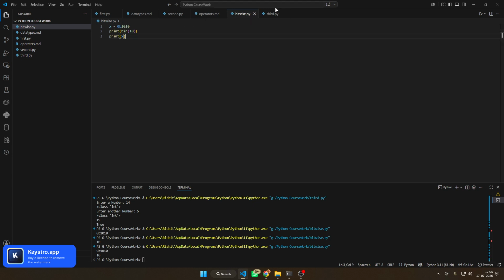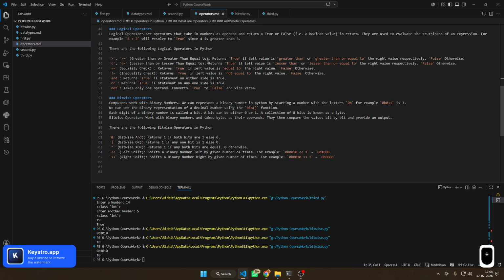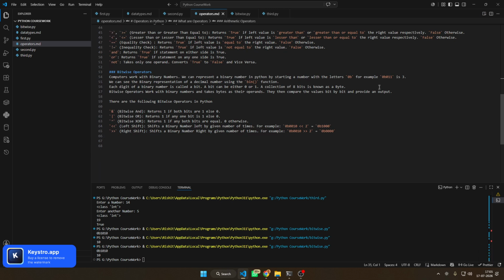Now, one thing to understand about binary numbers is that they are made up of bits. Each 0 or 1 is known as a bit, and 8 zeros and ones together are known as a byte. These bitwise operators work with two binary numbers, and they work based on each bit of the number.